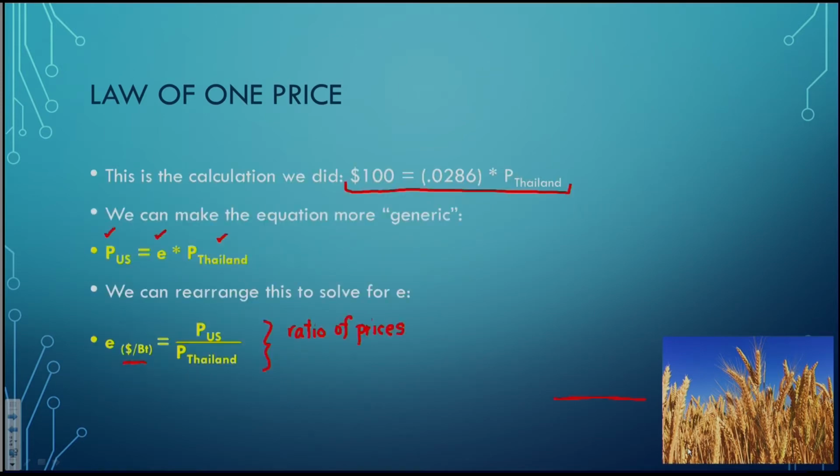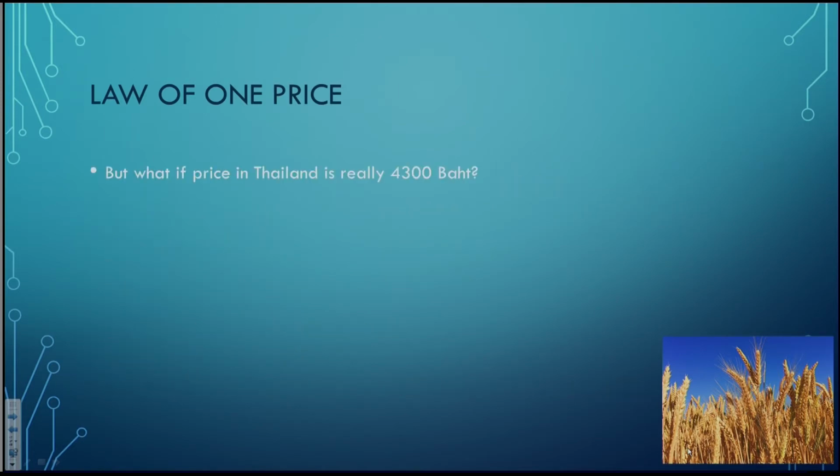But what we're suggesting, let me forward ahead here, is that we observed that the price is really 4,300 baht. Okay? So instead of that equal price, what we're saying is that Thai wheat's fetching a better price than what would make it equivalent, right?